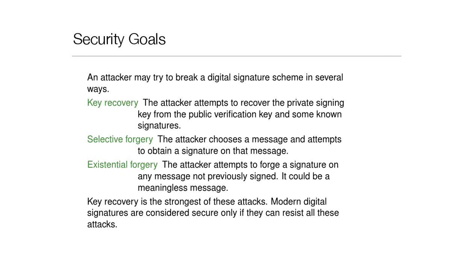He chooses the message himself and wants to create a legitimate signature for it. That is called selective forgery, even though he can't create signatures for other messages.